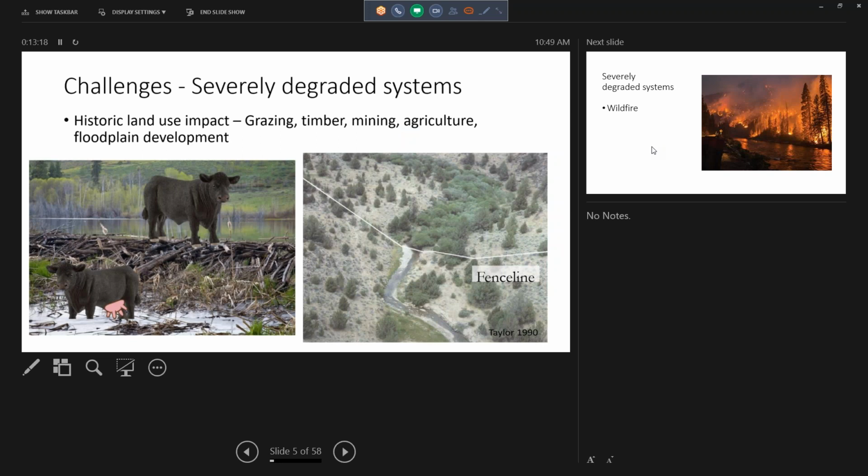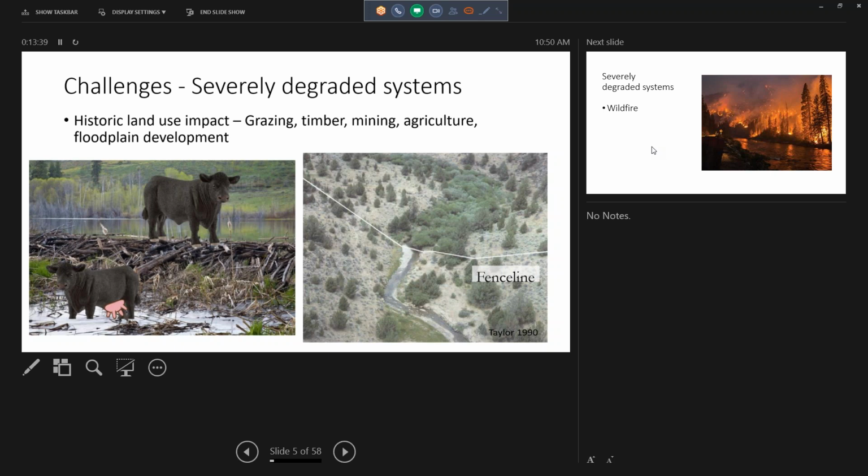Now, challenges in severely degraded systems, which is most of what we have, especially after fires, but from grazing, timber, mining, agriculture, floodplain development, just human water abstraction for agriculture, it's a big impact on our landscape over the many decades and 2 centuries now in the Pacific Northwest.